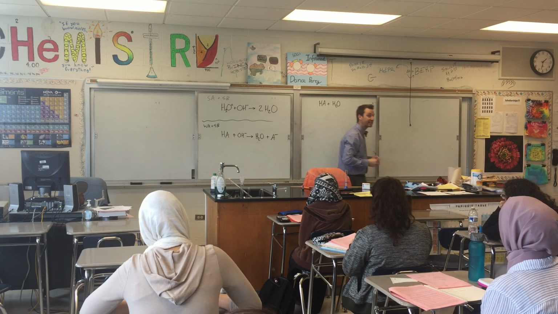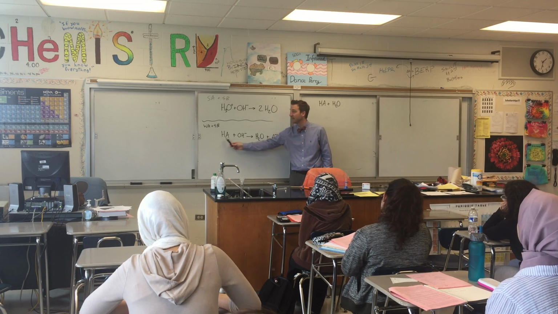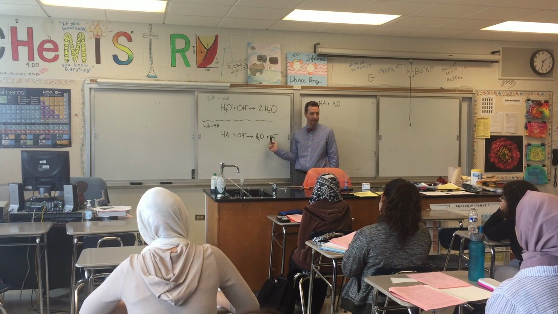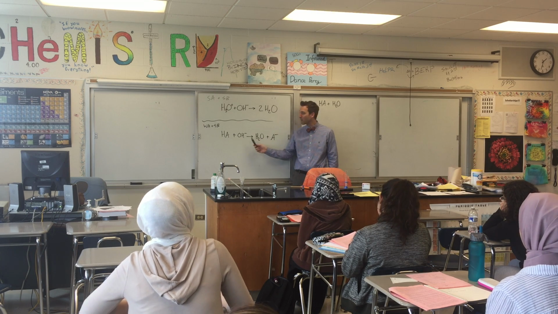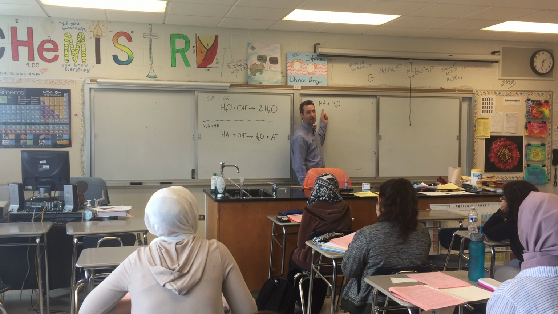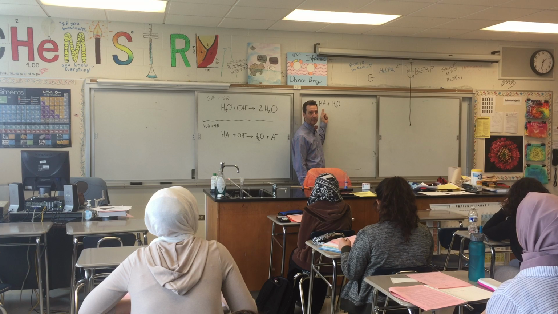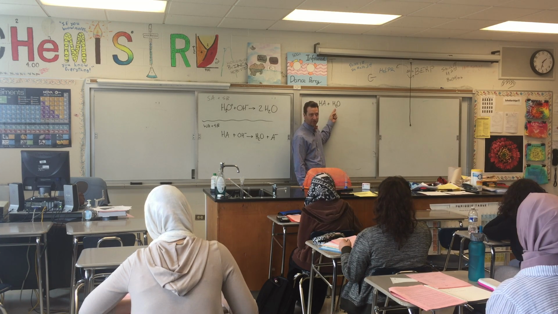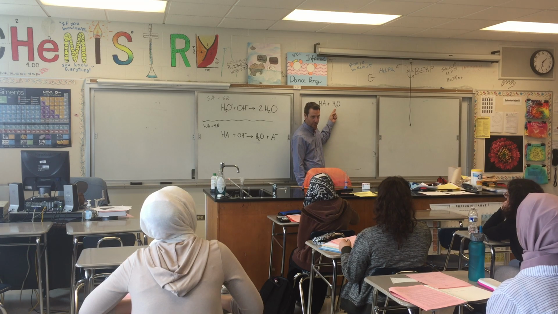So if hydroxide is limiting, this reaction will occur to completion. We could do this one like a normal limiting reactant problem. But once the hydroxide's gone, the HA is still going to donate protons to whoever it can. If the OH minus is gone, the next strongest base in solution will be H2O.